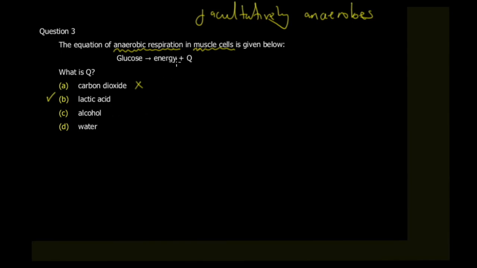If this was a yeast reaction, then we would choose alcohol. Water is a byproduct where carbon dioxide is involved. So you're supposed to choose lactic acid there. Humans do this in our muscle cells, especially during intense exercise. That's it for question 3.